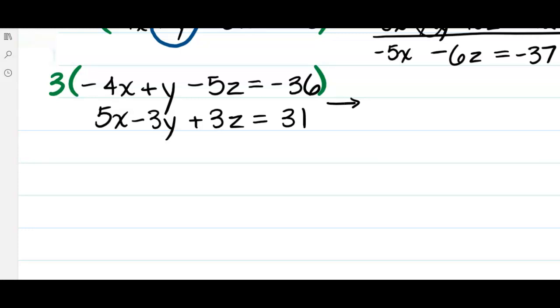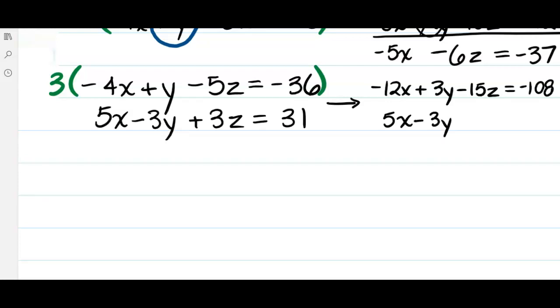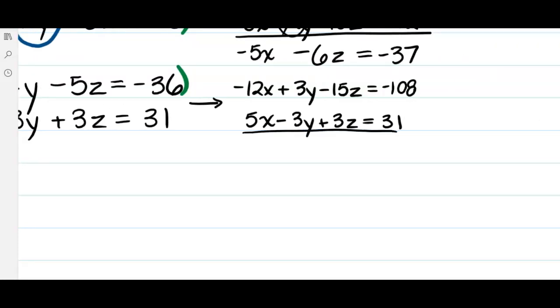So when I do that, for my next equation here, I end up with negative 12x plus 3y minus 15z equals negative 108. And I'm not changing my second equation here. With elimination, I end up with negative 7x.